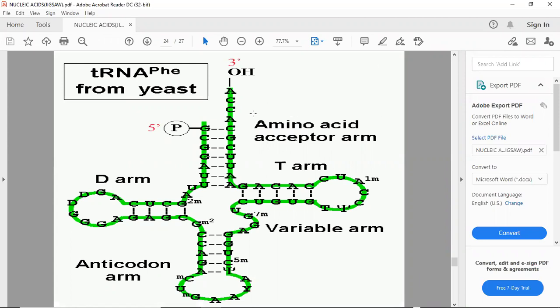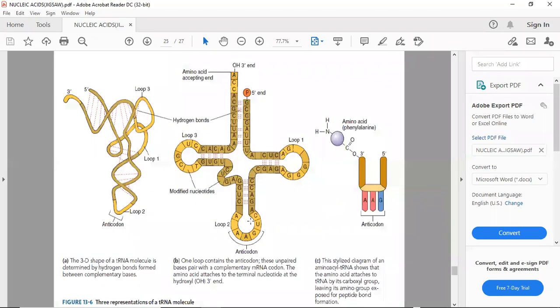The amino acid acceptor arm has the 3' end, which ends in CCA, the one we've mentioned, and then you have the hydroxyl group there. This is still the same representation of transfer RNA, with the amino acid accepting end at the 3' end.